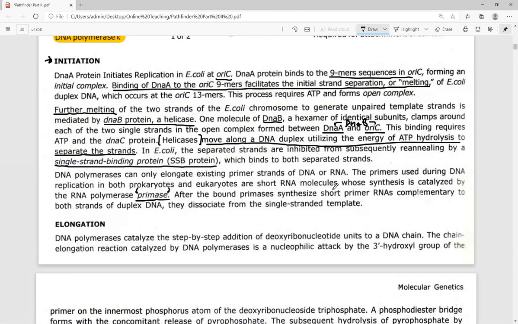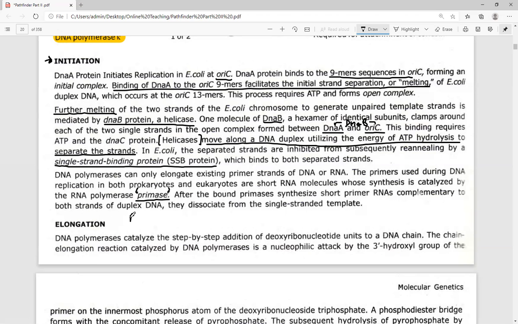After the bound primase synthesizes the short RNA primer complementary to the DNA template, it dissociates from the single stranded DNA template and is completely separated. So this is referred to as the primase enzyme.